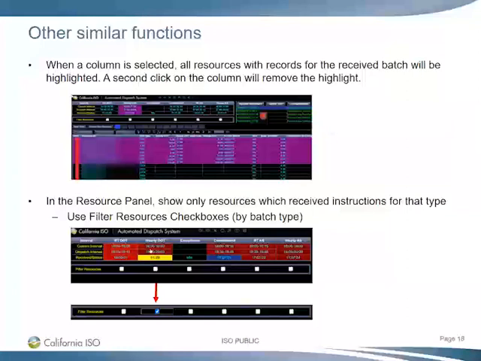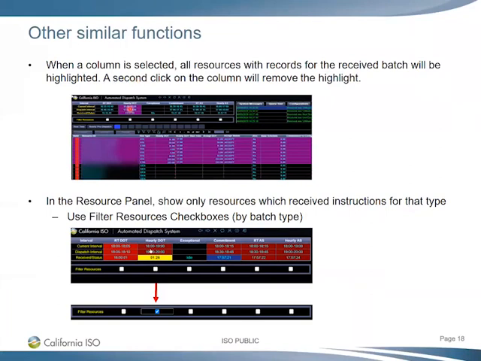Other similar functionality you'll see when you get this is when a column is selected. If you select a column in this batch interval grid, then all the resources with the records for the received batch will be highlighted. It won't narrow down the resources, it will highlight them in the same color. You'll see here I chose the hourly DOT, and then I had some resources which were highlighted based on that instruction set.